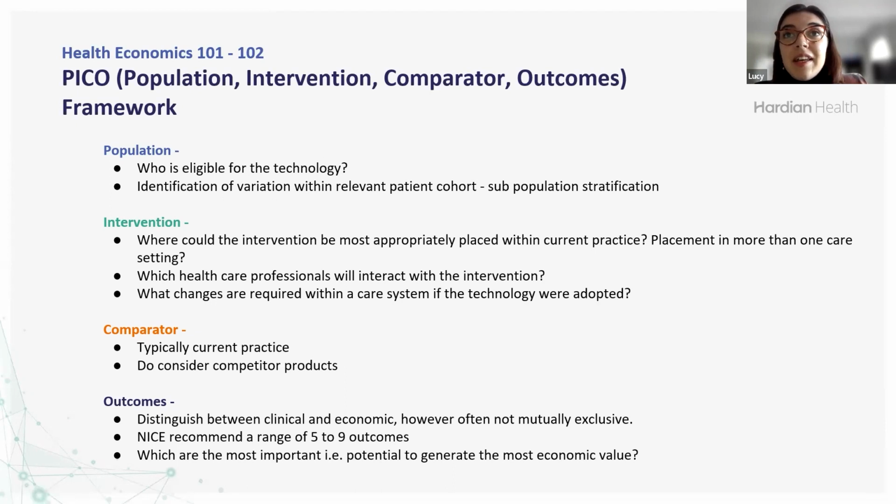The key with health economic modeling really is to keep things as simple as possible, so that your payers and audience can understand what it is that you've done, and what you're trying to show them, in order for them to trust the results that these models are giving to them.